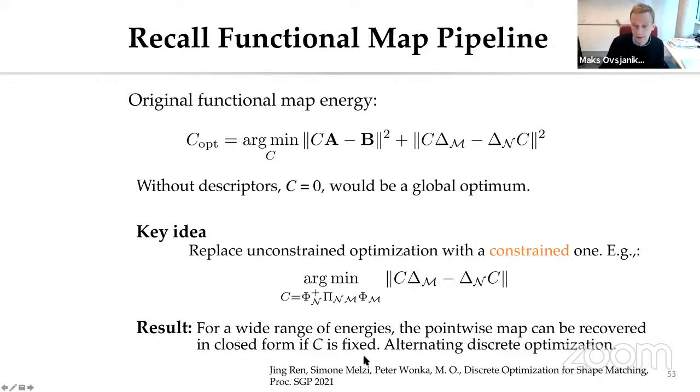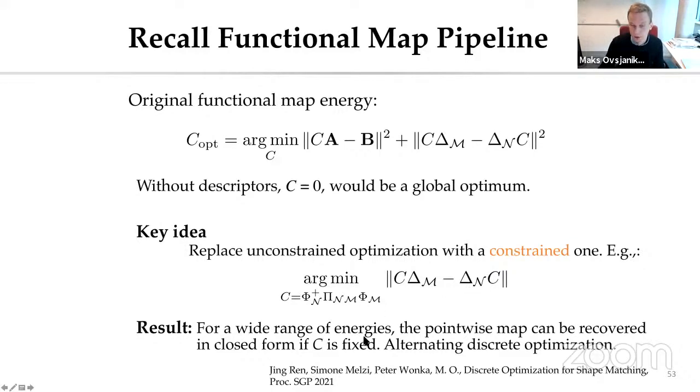So in this paper that's about to come out at SGP, we show that you can replace an unconstrained optimization problem with a constrained optimization problem that says, let's look for a functional map C that has to arise from some point-to-point map, but we don't know which one, and that commutes with the Laplacian.